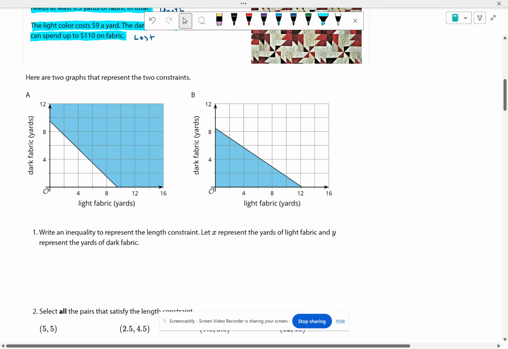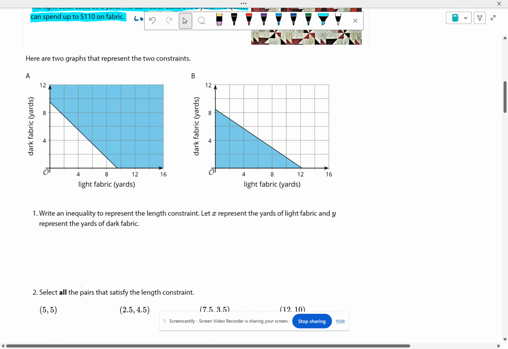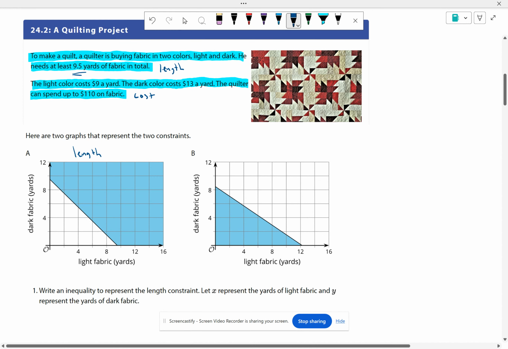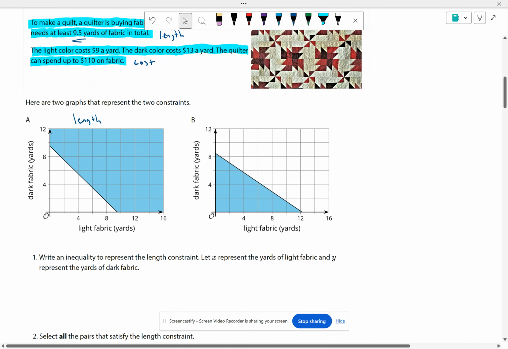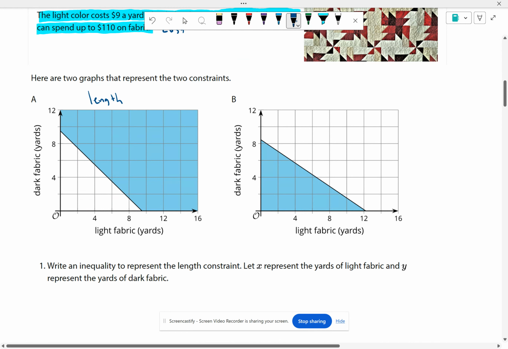If you look at the two graphs below, each one of them is measuring one of the constraints. The first one looks like the length constraint, and the reason why I say that is because we were told we need at least 9.5 yards of fabric, and the intercepts are right at 9.5, which makes sense.